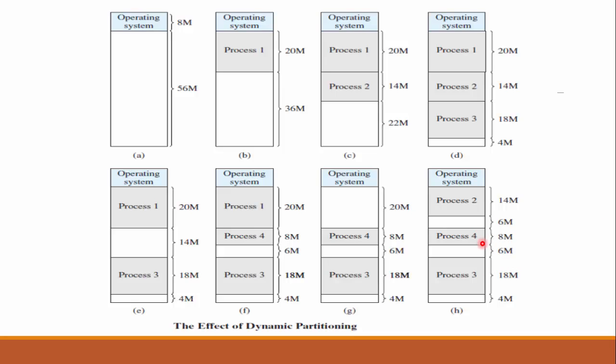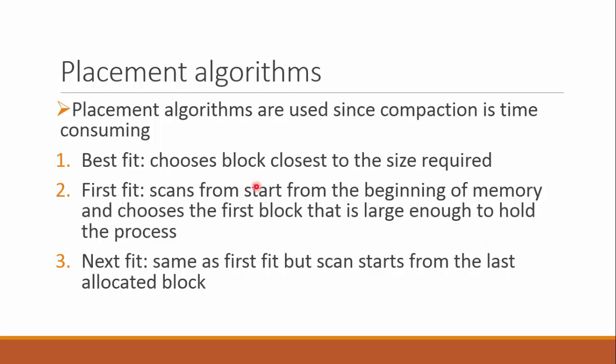So compaction is done, this will shift here and this process will shift above and there will be enough free space for the newcomer. Okay. So yeah, this wastes lots of time, as the various memory references need to be managed in this.